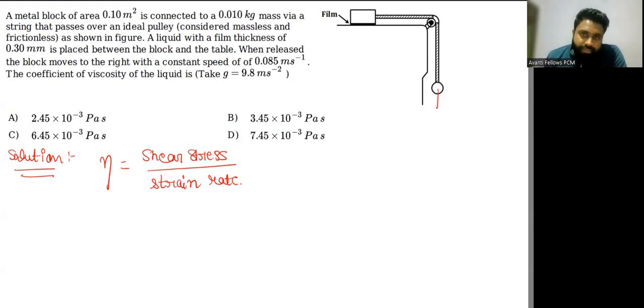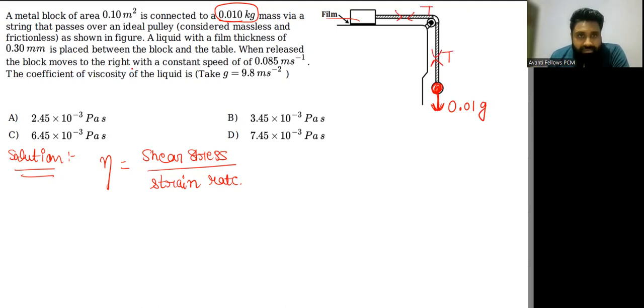In this situation, the mass is also acting in the downward direction. The weight of this mass, 0.010 kg, which is connected to the metal block, means a reaction force has to be developed in the string also. There will be a tension in that string.